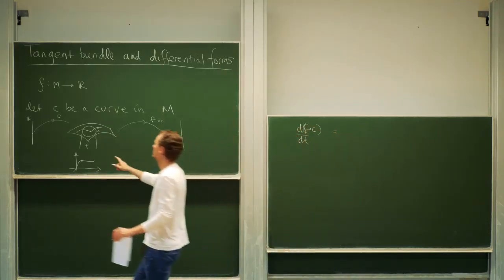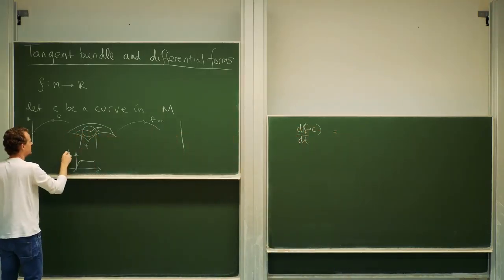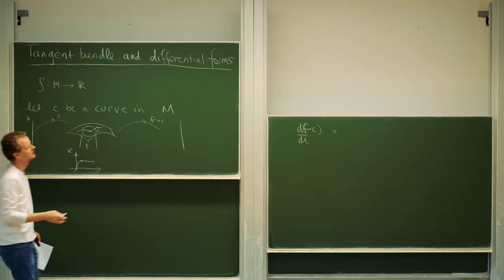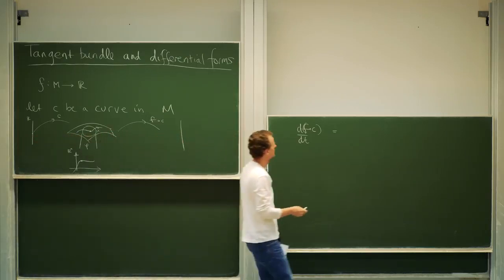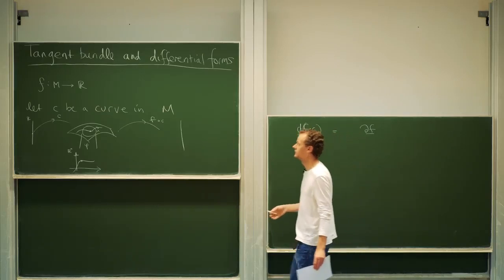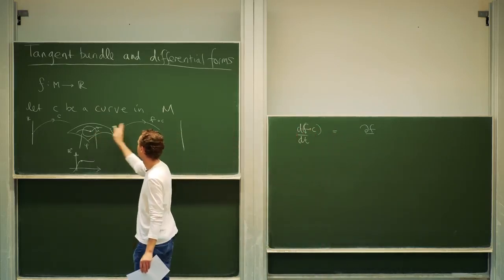And then, because we've got this coordinate system here, we could equivalently do this derivative as follows. We could regard f as a function of the coordinates here.